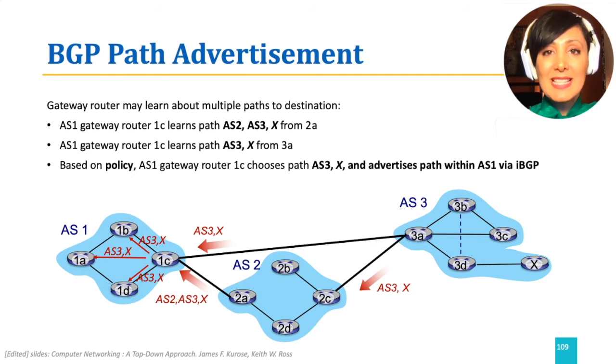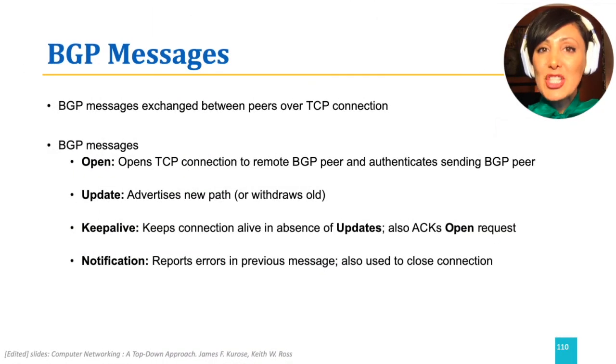Based on its policy, AS1 gateway router 1c chooses path AS3 X and advertises the path within AS1 via iBGP. BGP messages are exchanged between peering BGP routers. The peering happens over TCP connections. BGP messages to open and maintain these peering connections include open, update, keepalive, and notification messages.